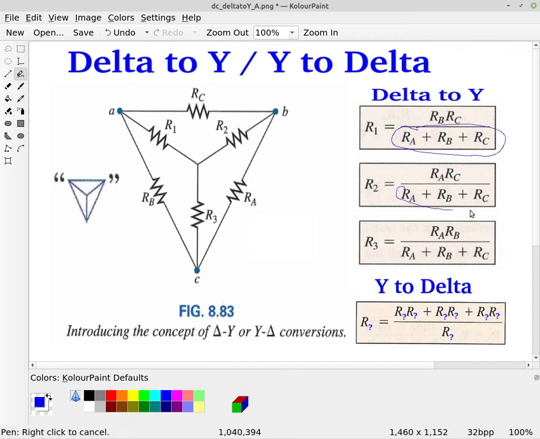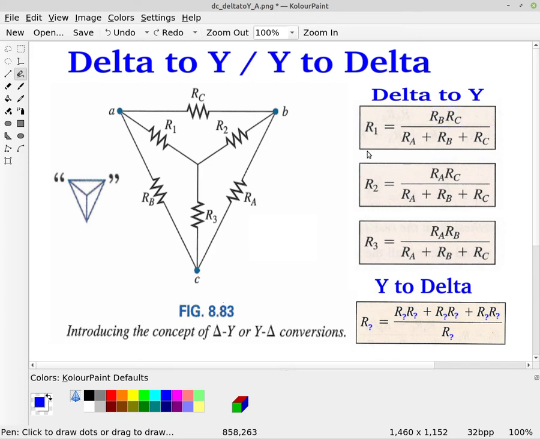Notice it doesn't matter which of the three resistors you're trying to determine, whether it's R1, R2, or R3, the denominator is the same. So this denominator is exactly the same for doing a delta to Y conversion. That denominator does not change. The only thing that changes is the numerator, which two resistors you multiply.